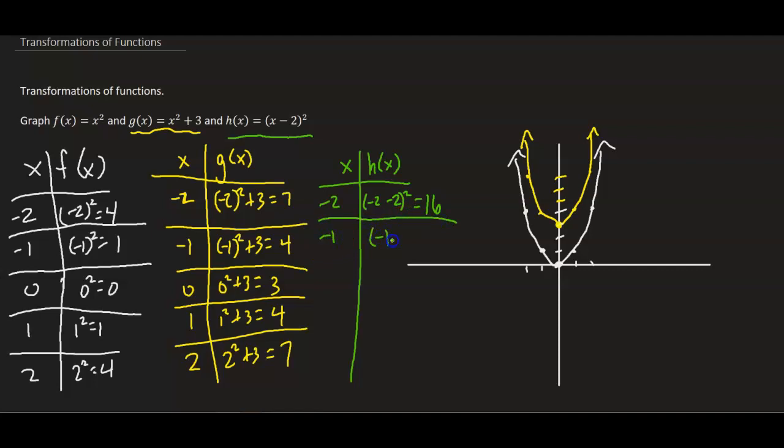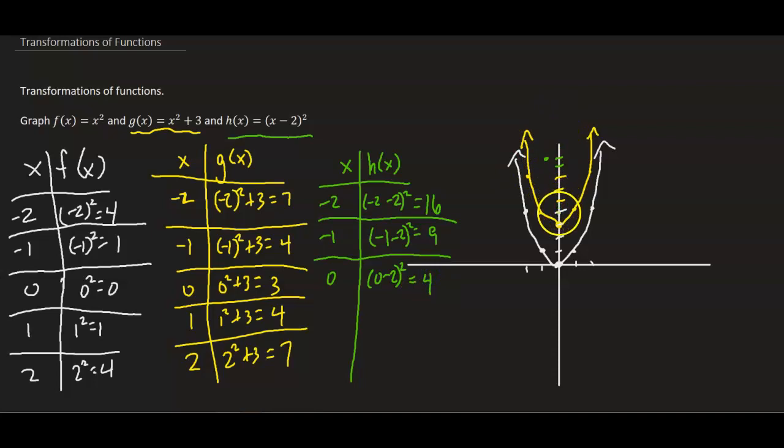So if I do a -1, -1 minus 2 is a -3. And -3 squared is a 9. So that will be up here. All right, 0. 0 minus 2 is a -2, and -2 squared is a 4.